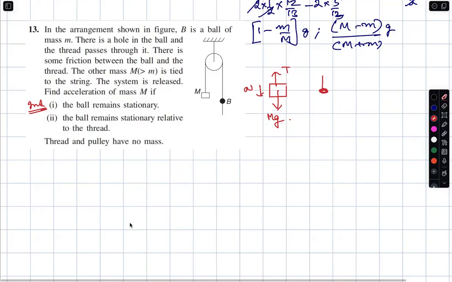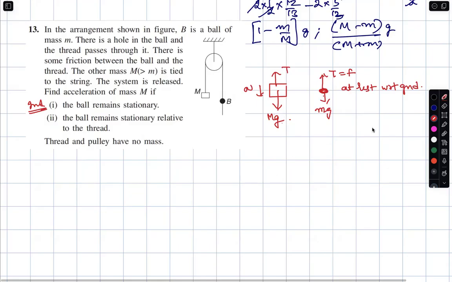Convinced? So the ball will experience an upward force, which is the same as the tension, and mg. You said it is at rest with respect to ground. Can you please tell me how is it possible?